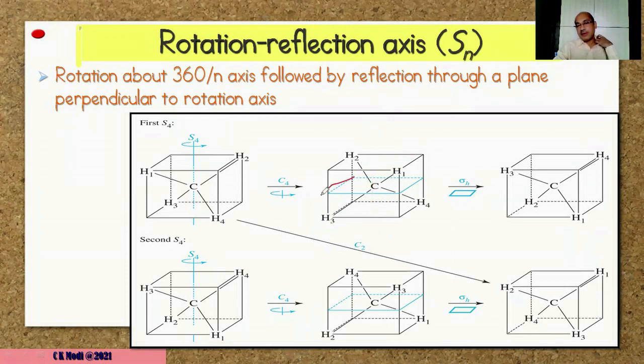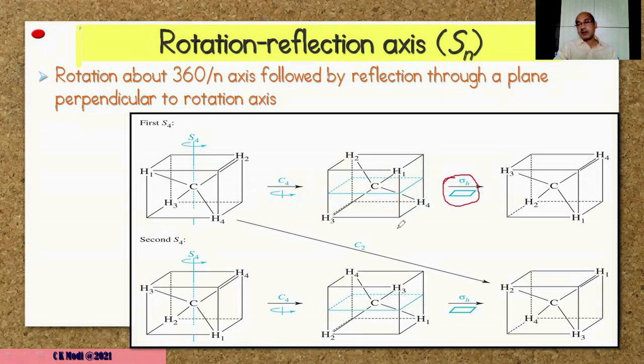So if we put a plane over here, what will happen? The hydrogen is here, उसकी mirror image कहाँ पे मिलेगी? यहाँ पे. H3 is here, इसकी mirror image कहाँ मिलेगी? यहाँ पे. Okay, so H1 यहाँ पे है, तो इसकी mirror image यहाँ पे मिलेगी, and H4 यहाँ पे. Because when we put a mirror plane, तो उसकी इमेज कहाँ पे मिलेगी? तो H2 की यहाँ पे, H3 की यहाँ पे, H1 की यहाँ पे and H4 की यहाँ पे.